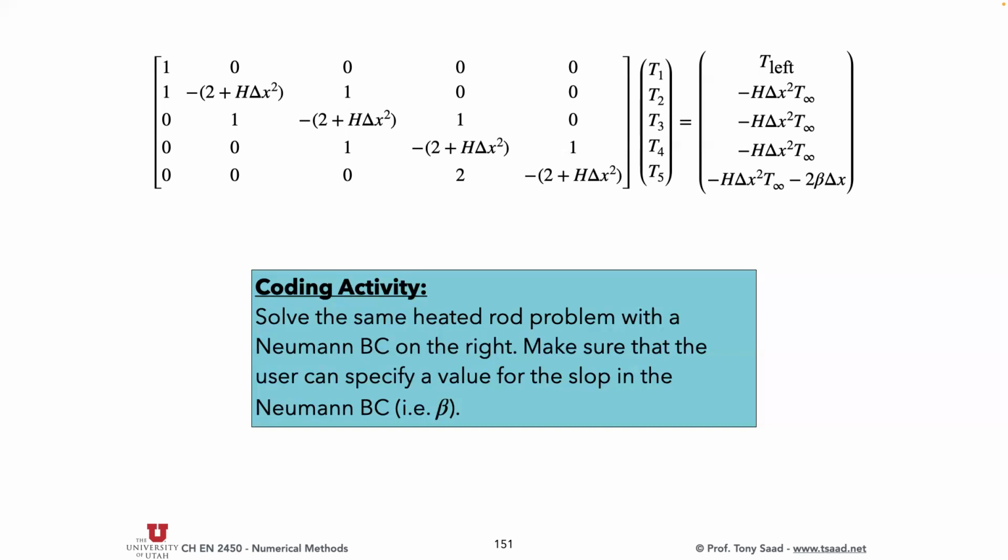So you should just comment out this entire line, because when you created d equal -2 plus delta x squared h, you created all of those entries, including the last point. But you're only changing the first point to 1, and that's it. So you comment that out, okay?